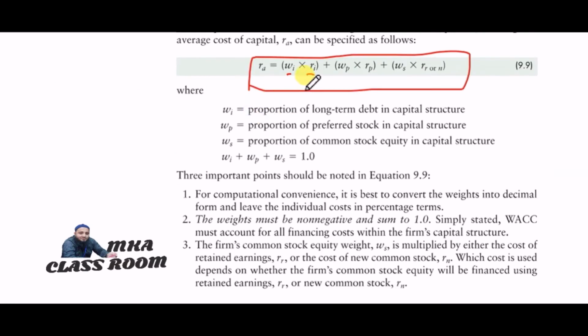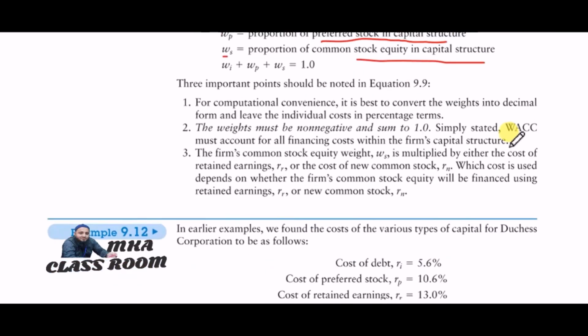Where WI is the proportion of long term debt in the capital structure, RI represents the cost of debt after tax, WP is the proportion of preferred stock in the capital structure, RP means the cost of preferred stock, WS is the proportion of common stock equity in the capital structure, RR is the cost of common stock equity, and RN is the cost of newly issued equity.